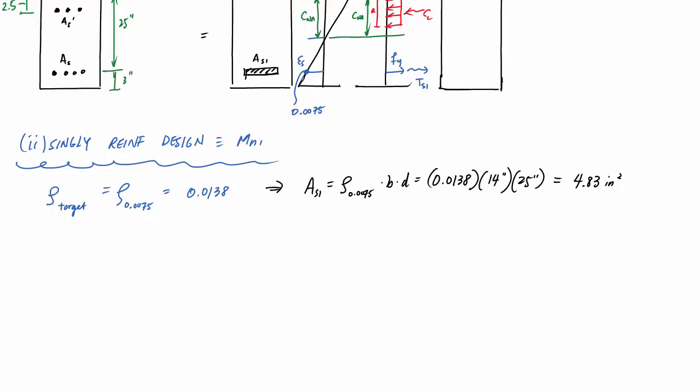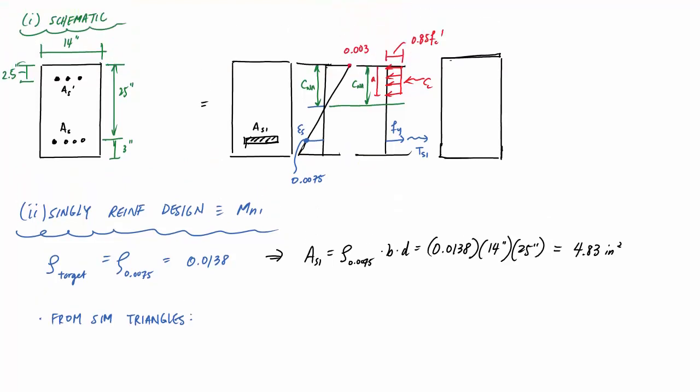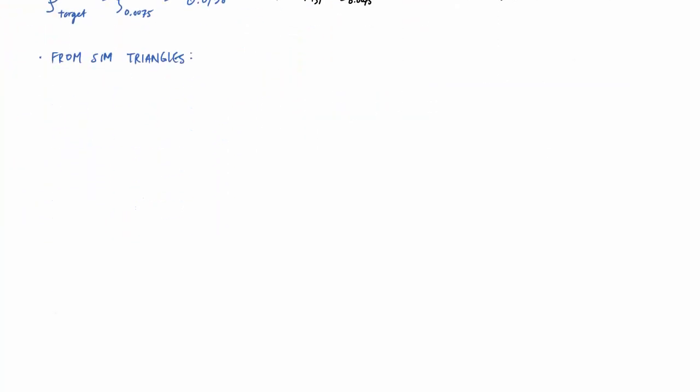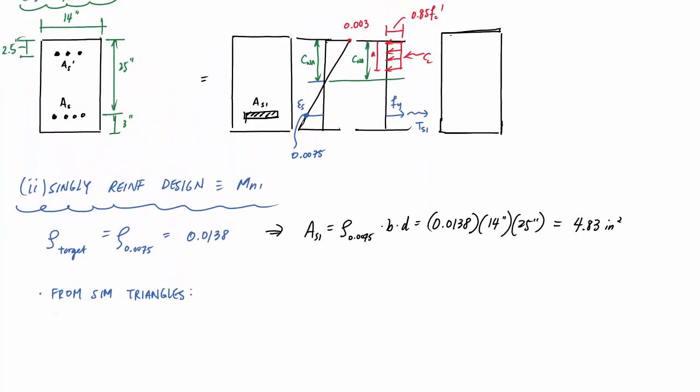So from similar triangles, c_NA over 0.003 is equal to d minus c_NA over 0.0075, right?